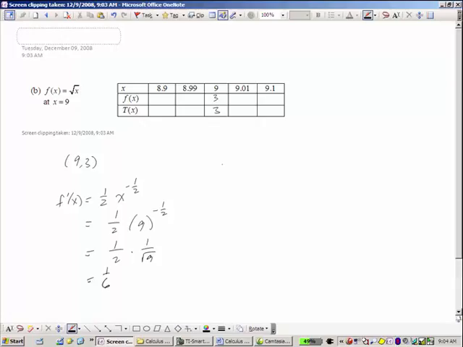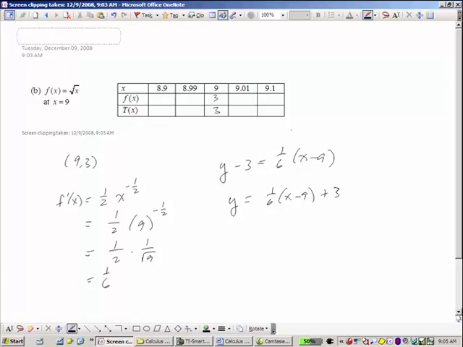So, the tangent line that I have here is y minus 3 is equal to 1/6 times x minus 9. And that's true as long as we're close to 9. So I get 1/6 x minus 9 plus 3.